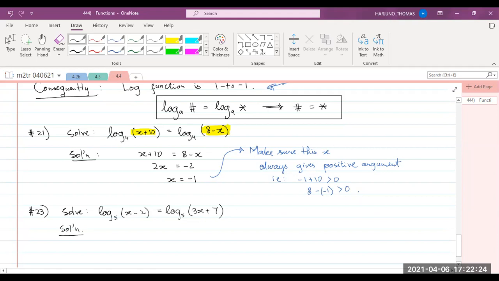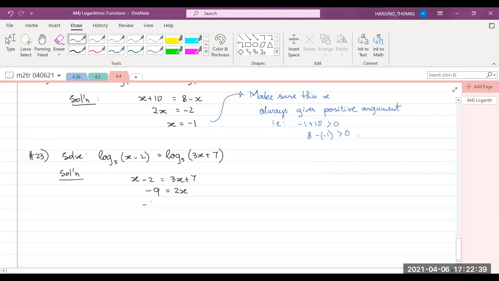Because they already have the same base of logs, the arguments must be the same. Right? So -9 equals 2x. Divided by 2, then -4.5 equals x.